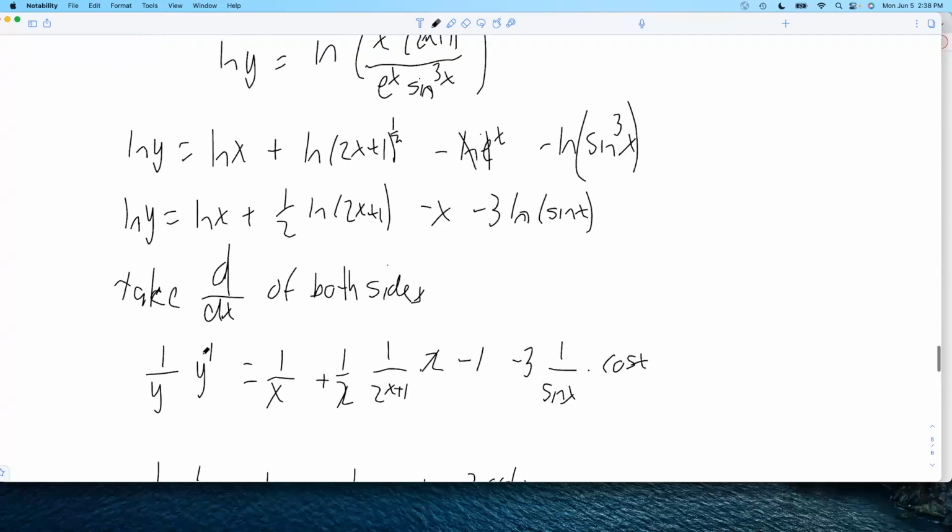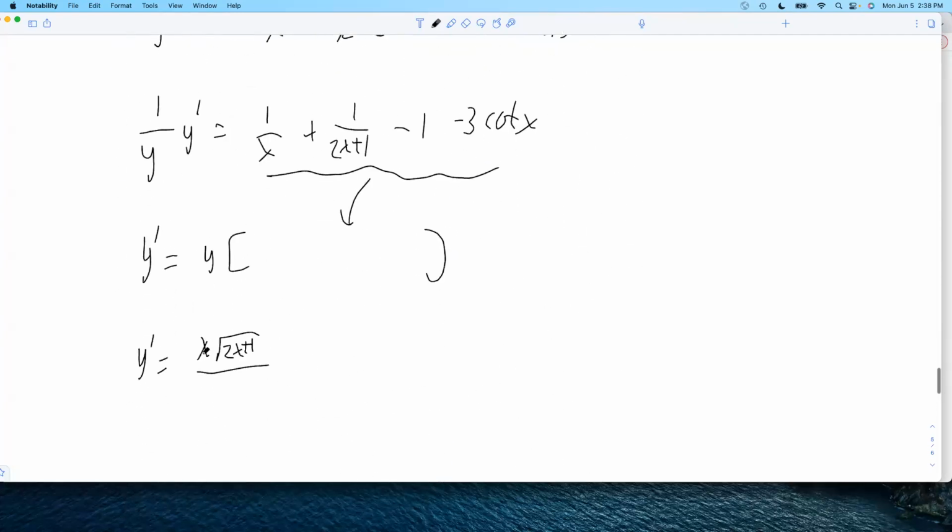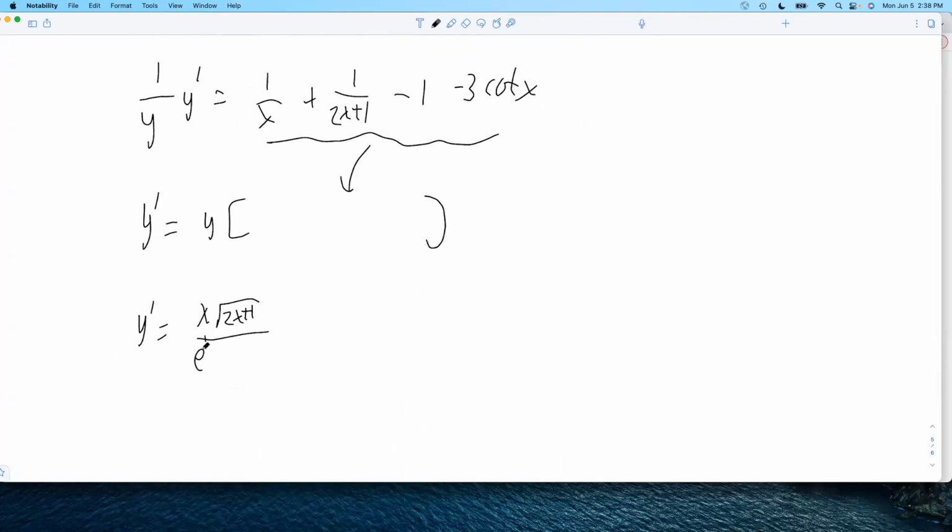I already forgot what it was. x cubed, or 3 e to the x sine cubed of x times all of this, plus 1 minus 1 minus 3 cotangent of x.